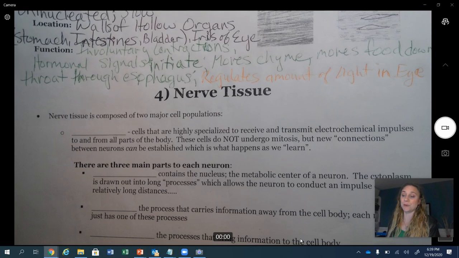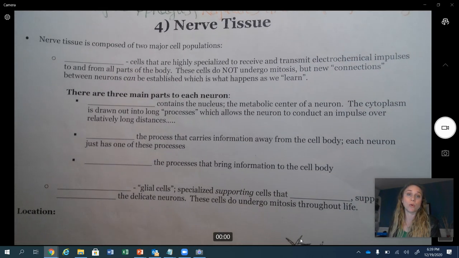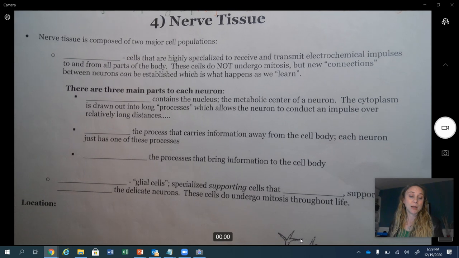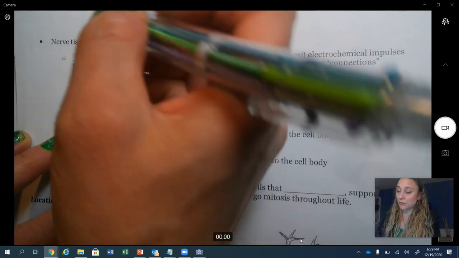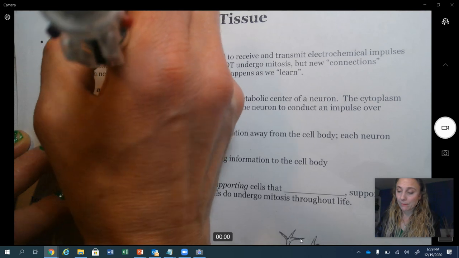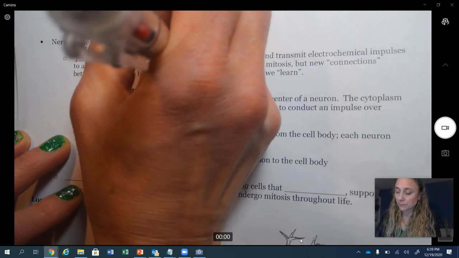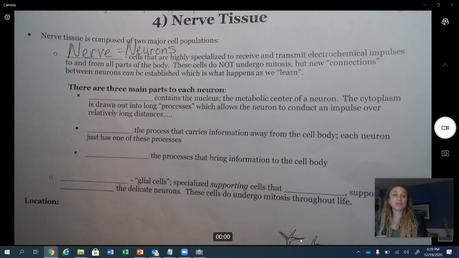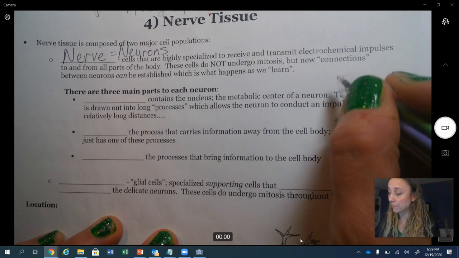Nervous tissue then is going to be the last tissue that we study. We'll study it in depth when we go into the nervous system. But for just the overview of the tissue itself, you're going to be seeing nerve cells, which we also call neurons. They're highly specialized cells that receive and transmit electrochemical impulses.